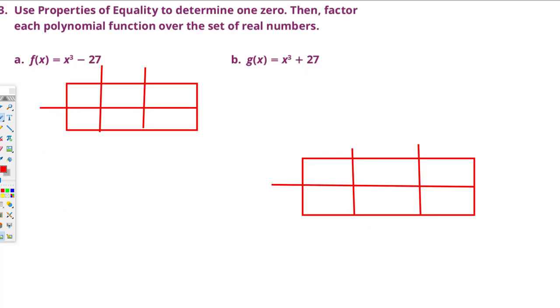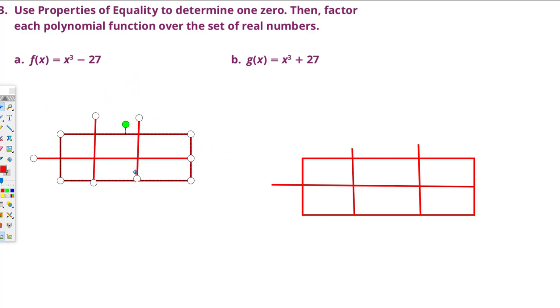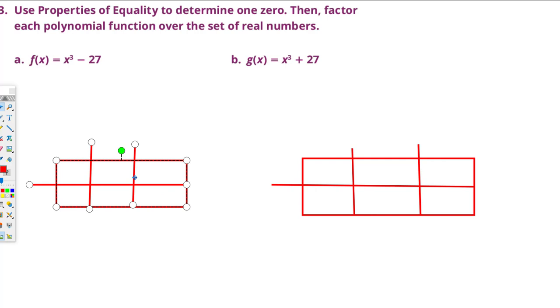So we're going to do the same thing. But we first have to start off with solving that property of equality. And so 0 is equal to x cubed minus 27.